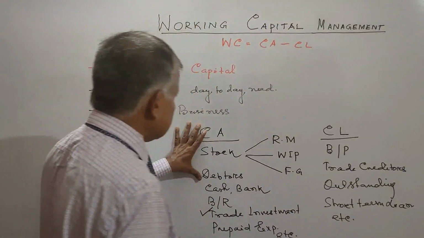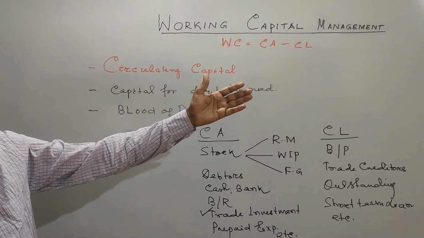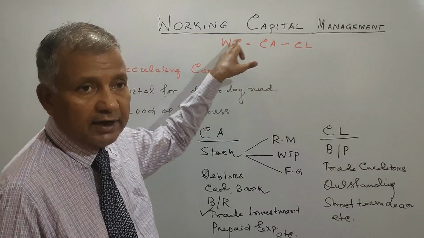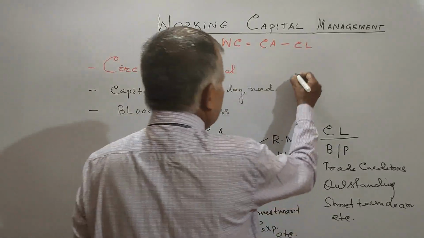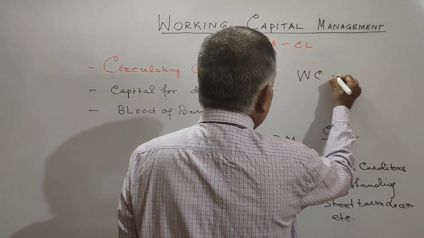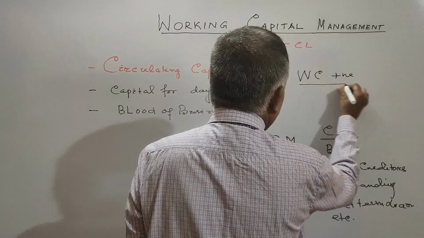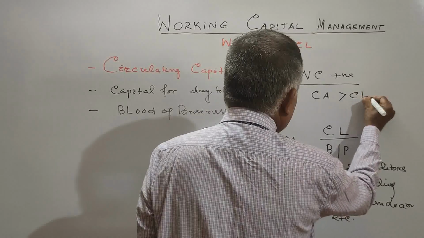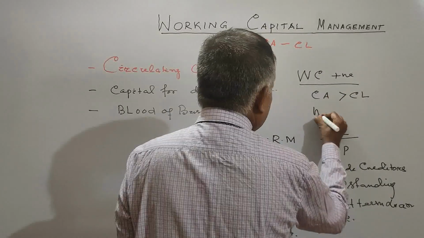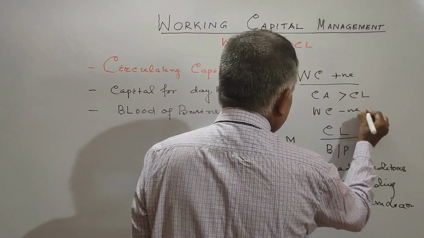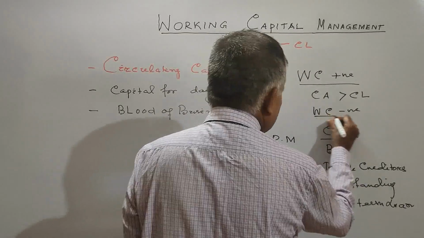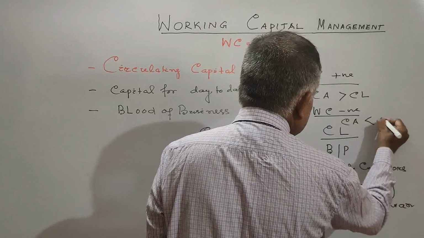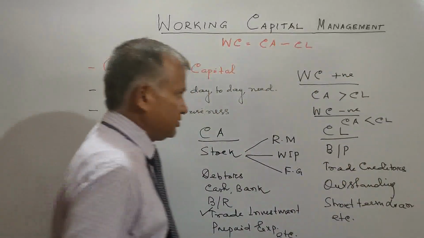Current assets must always be more than current liabilities so that working capital is positive. Working capital positive is where current assets are greater than current liabilities. Working capital negative is a bad sign, that is current assets are less than current liabilities.